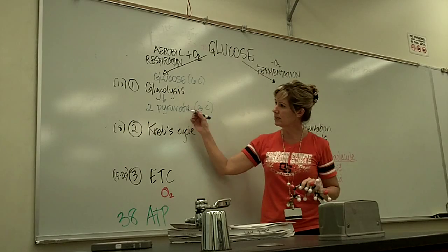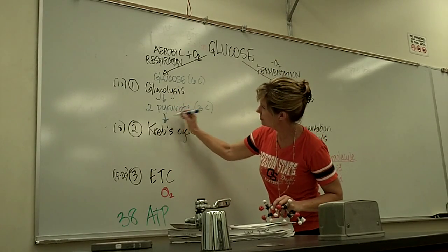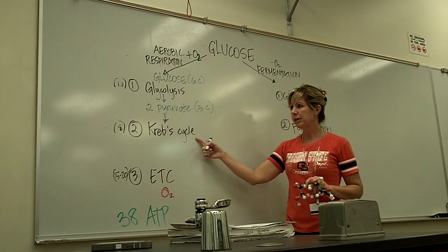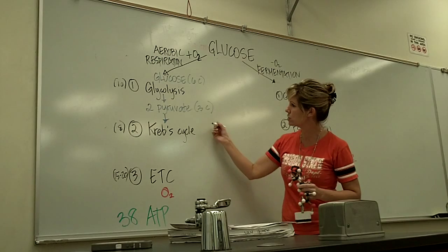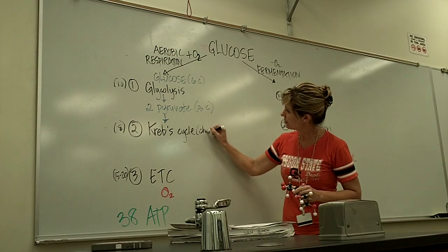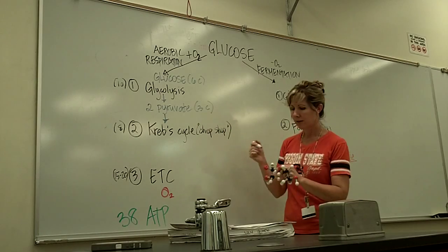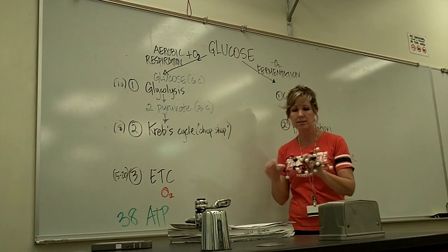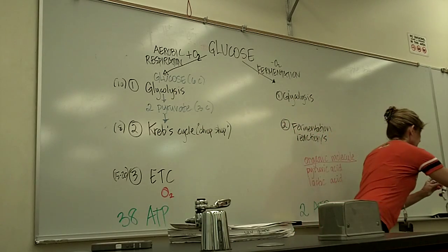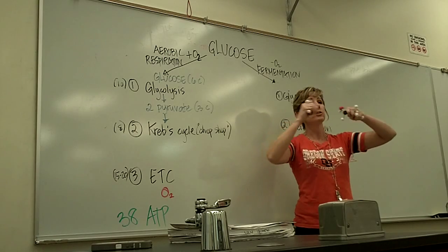These pyruvate will be what goes into the Krebs cycle. Remember, my Krebs cycle nickname is the Chop Shop. And that's because this is where a lot of chopping and harvesting takes place. You'll have that chopping apart of this whole molecule.